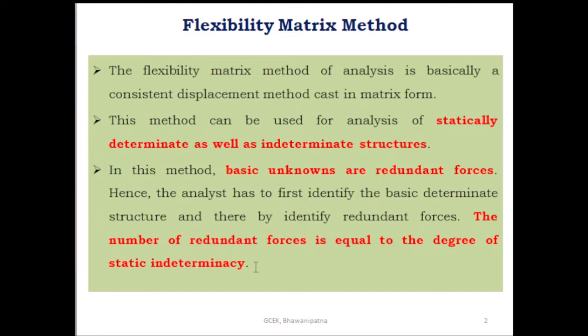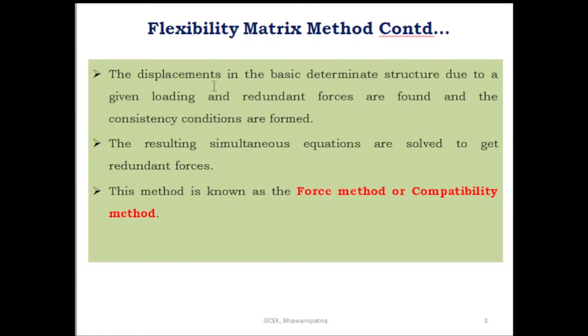So, in this method, what you have to do? First, you have to find out the degree of static indeterminacy. Then, the number of redundant forces you have to choose is equal to the degree of static indeterminacy. Then, the displacement in the basic determinate structure due to the given loading and the redundant forces are found, and the consistency conditions are found.